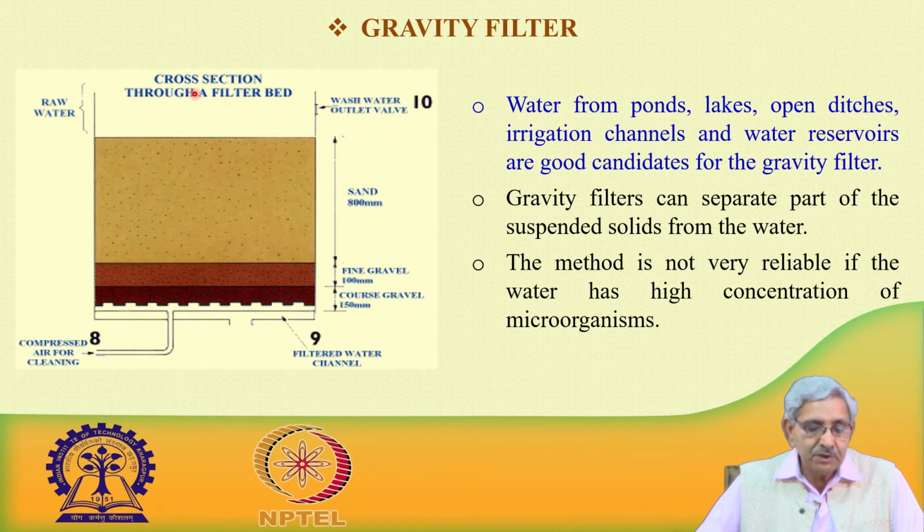Here what you see, there is a filter bed and water is allowed to pass through. Whatever impurity is available in the water will be deposited in the sand, and you can see here on the top there is fine sand, followed by gravel, then coarse gravel, and like this the packing is done, and then water is allowed to pass through the filter bed, and then the filtered water is supplied to the system.